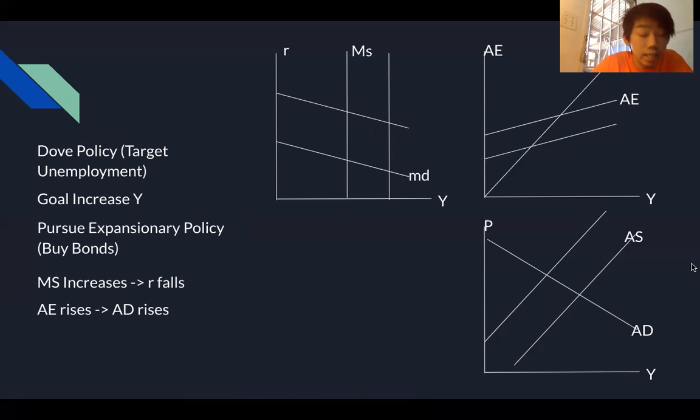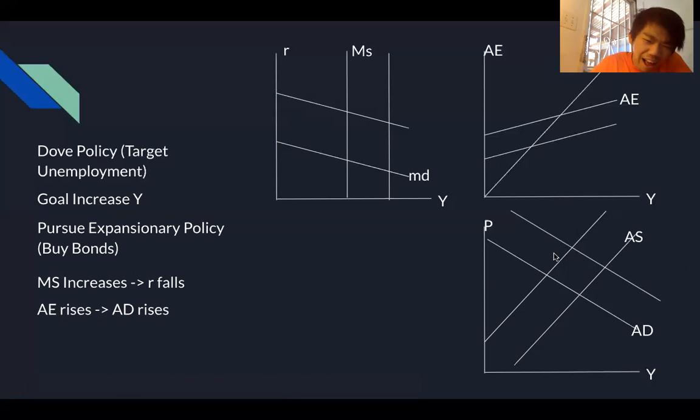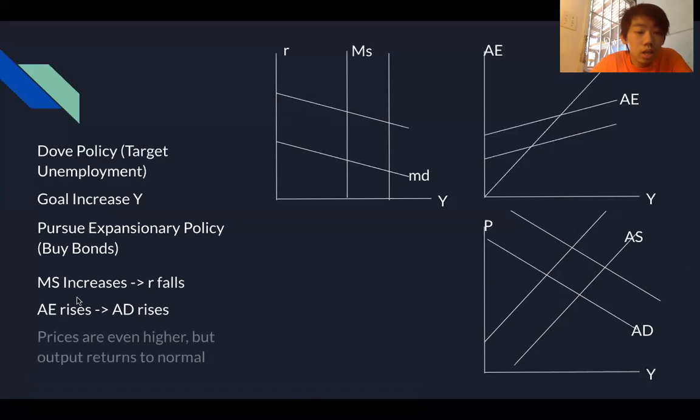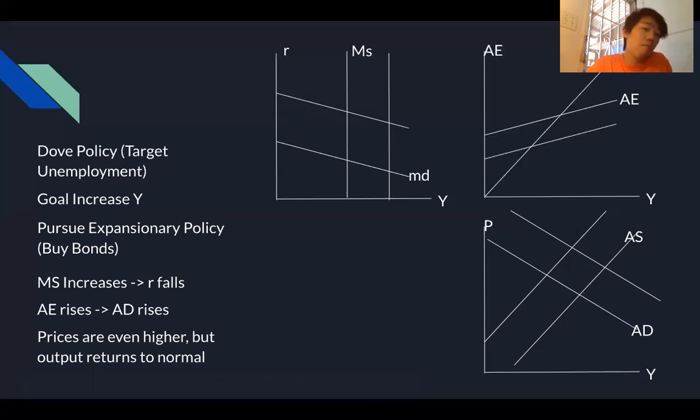We're now here. So notice here that the Y is where we originally were, but we're even higher up in terms of prices. So prices are even higher, but output returns to normal. This means that we now have no unemployment in the market, but everyone has to pay higher prices. So it's a trade-off.